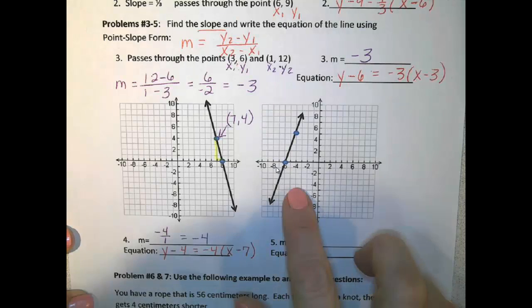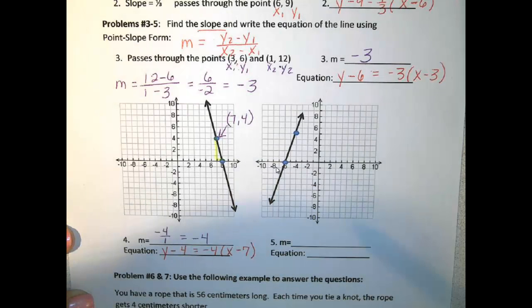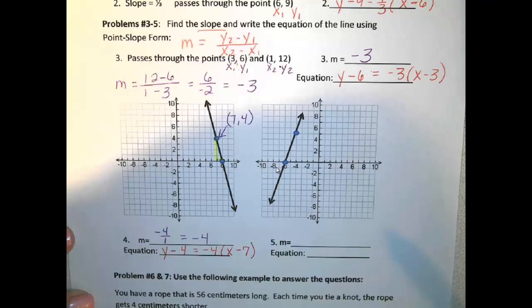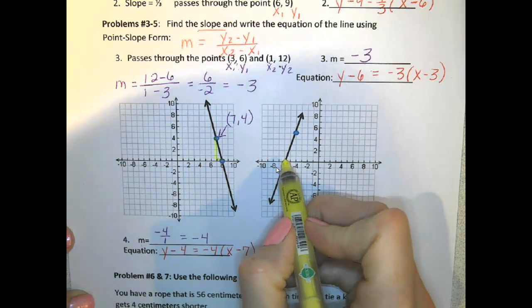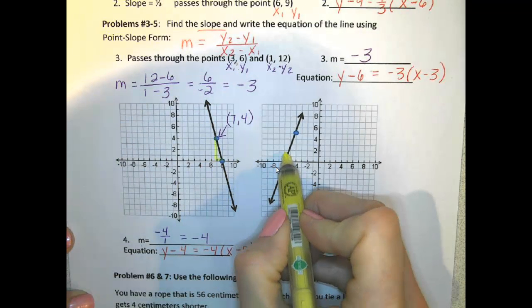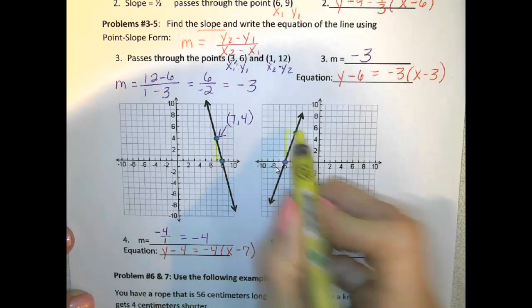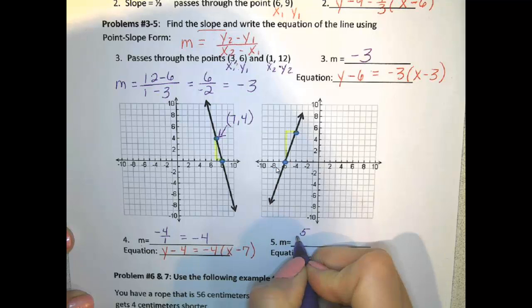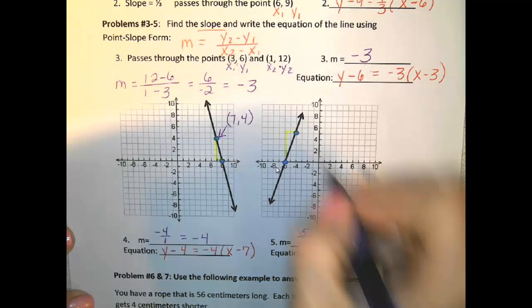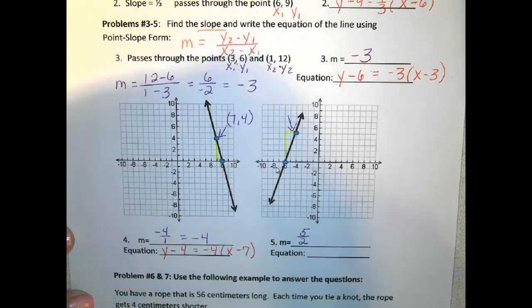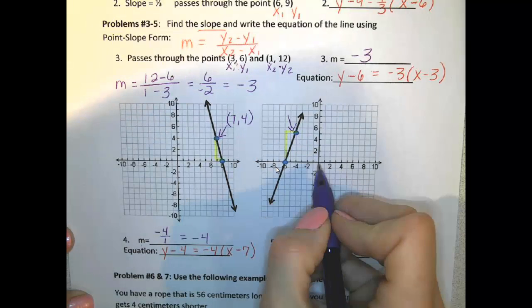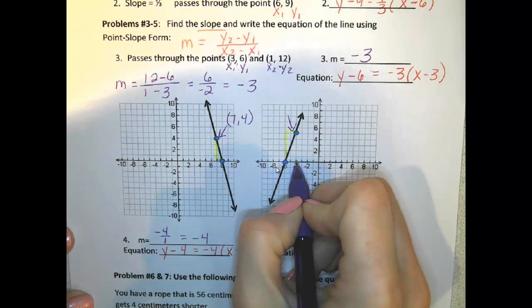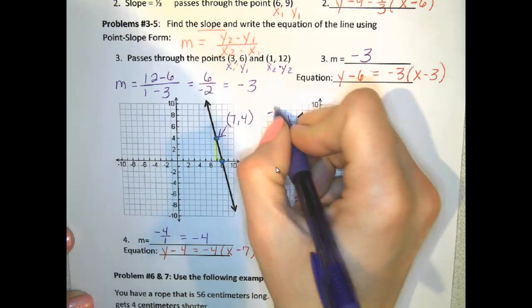In my second example, number 5, I'm going to again use rise over run. I'm going to start here on the x-intercept, and I'm going to rise 5, run 2. So that means my slope is a positive 5 over 2. And I'm going to use this point for my equation. The coordinates of this point would be (-4, 5).